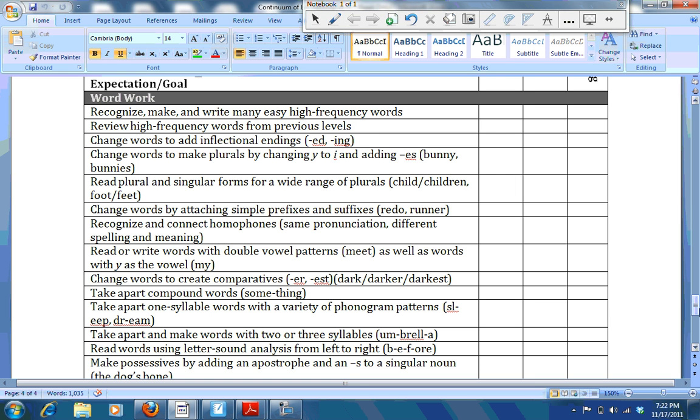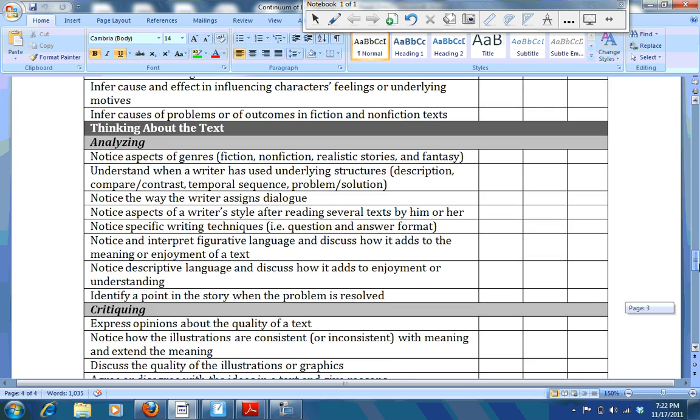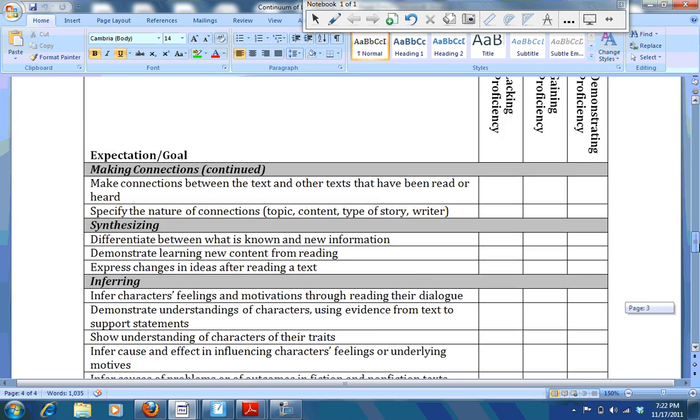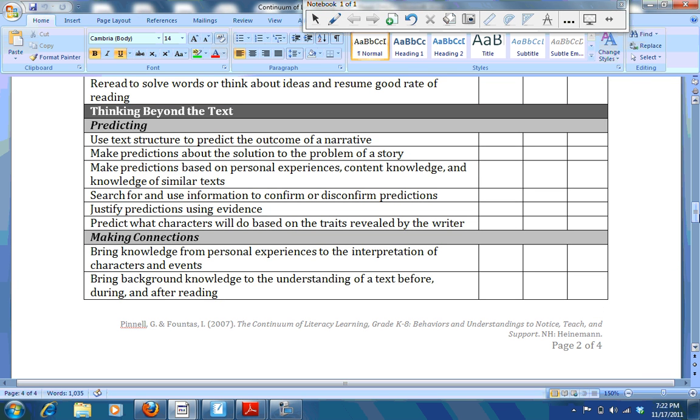Sometimes when we plan our word work, we plan it based on words that are in the story that maybe students aren't really ready for that particular phonics skill. So this really helps you make a determination of what it is that students should know at this particular level. It also will help you with thinking about the text and certain things that you need to ask students when you are looking at the comprehension questions.